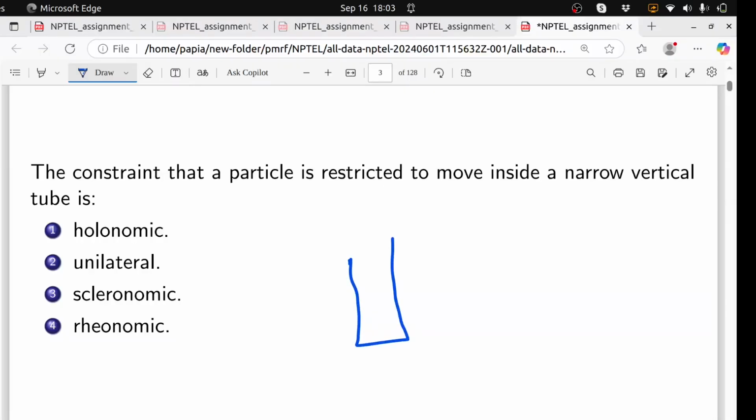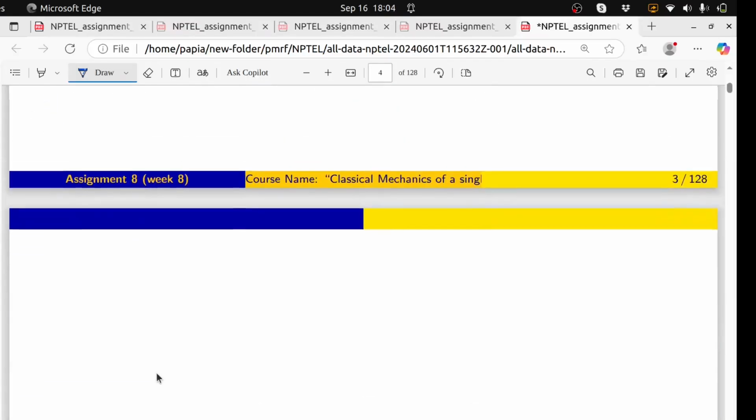Then there will be options, and we have to find which one is the correct constraint option for this case. So I have to tell a little bit about these four types of constraint. So what are these constraints?